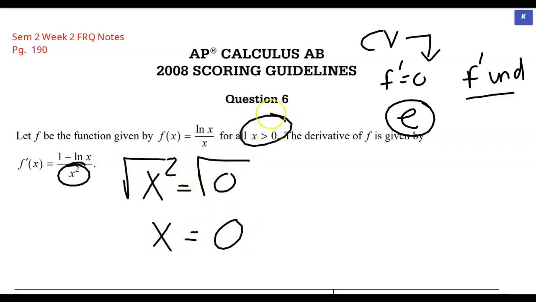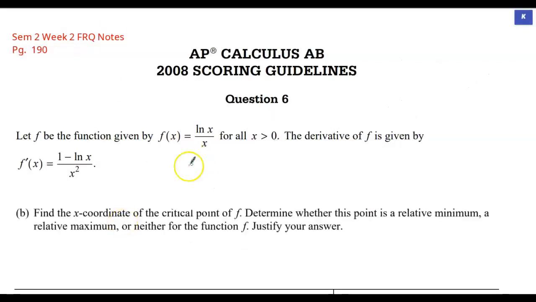But the problem is x has to be greater than 0 anyway, so we can't really even consider that one. So we end up having only one critical value. All right, well, there you have it. We've kind of answered the first part of the question, what is the critical value? So that's all done.